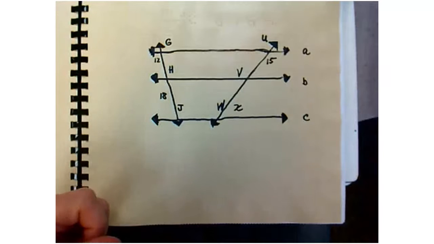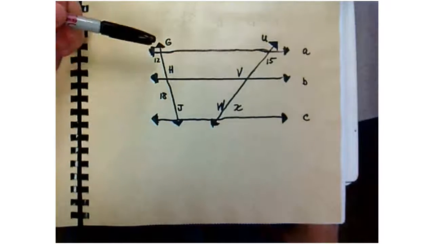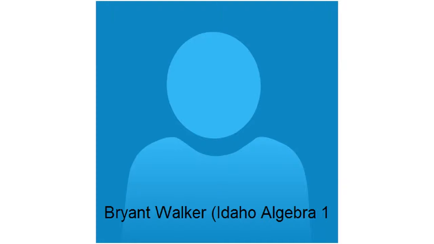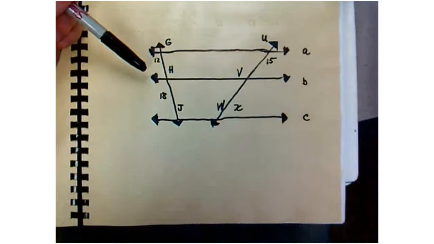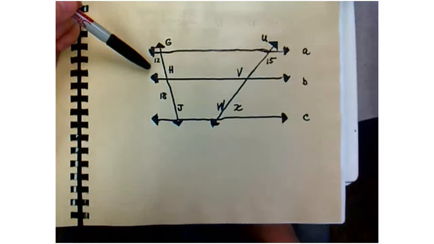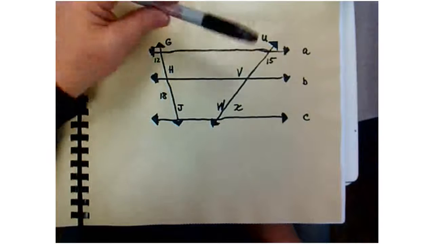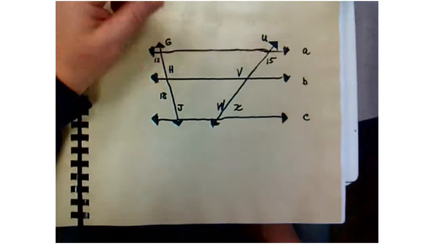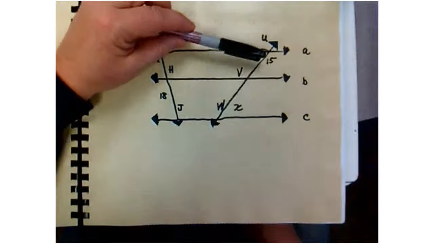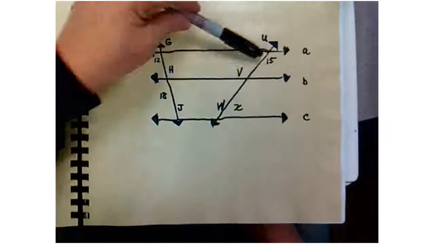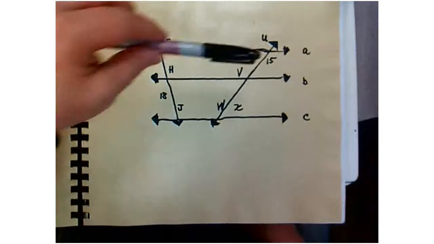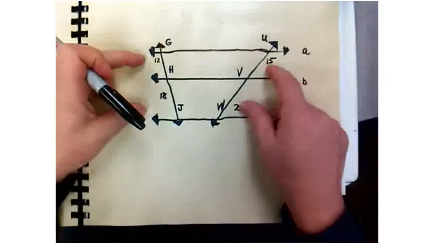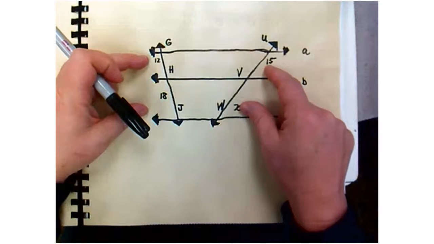How would you like to do that? We have to use ratios. Yeah, use ratios. 12 over what, Abby? 12 over 18 is equal to what? 15 over X, yes. Always keep them in the same order. So 12 is to 18 as 15 is to X. It's kind of set up that way on your paper, isn't it?